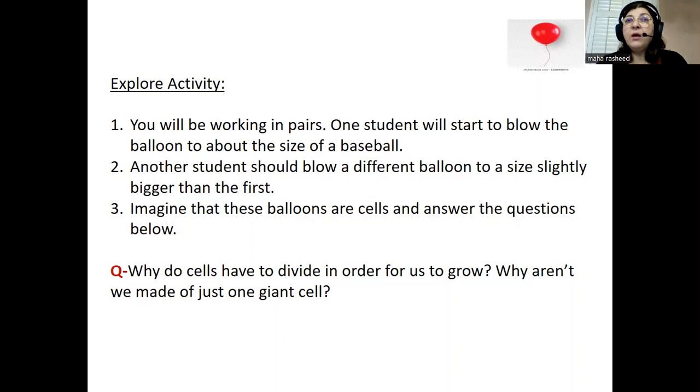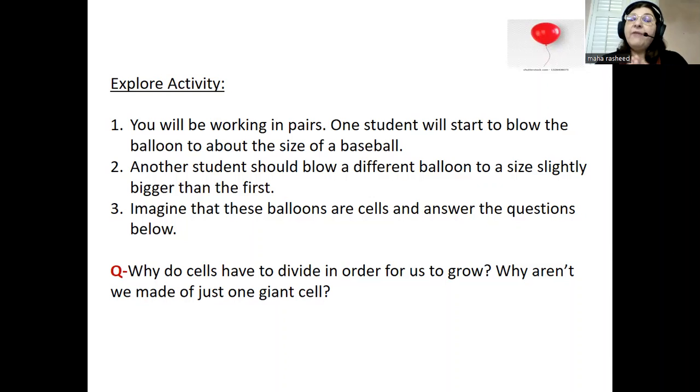So we are made of about 75 trillion cells, tiny cells, very small cells that you cannot even see with your eyes. You need a microscope to see them. So why are we not made of only one giant cell? Why are we made of tiny, small, multiple cells?